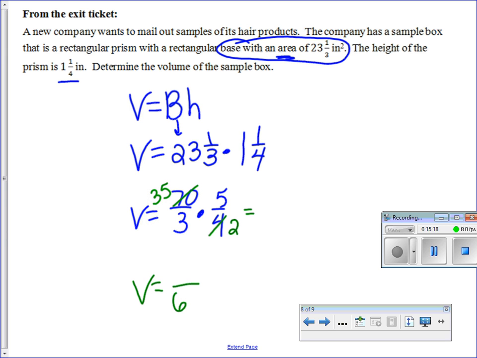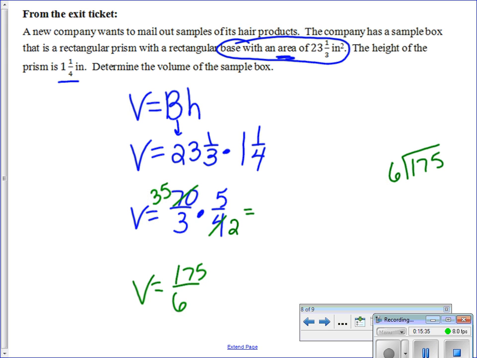Go to your margin. 35 times 5. Now go back to your margin to divide so that I could change that back into a mixed number.